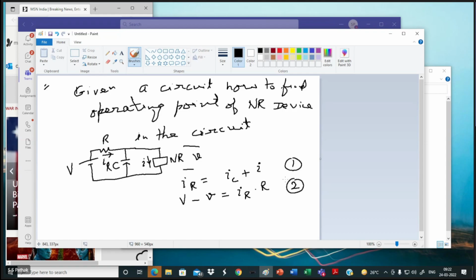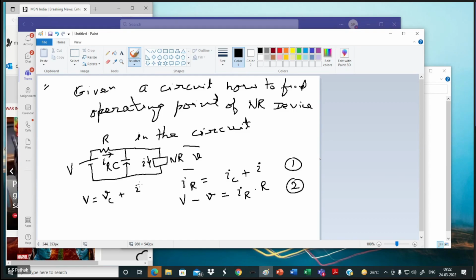Fine now? So now I can write here as, this was the place you mentioned that it was lagging. Now is it lagging here also? V I am writing as small v. Small v is nothing but voltage across the capacitor plus IR.